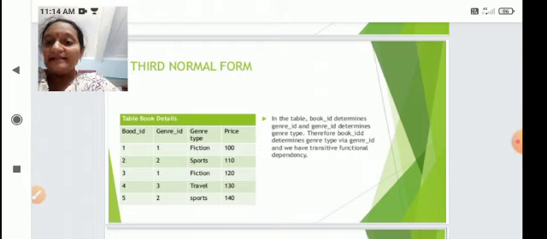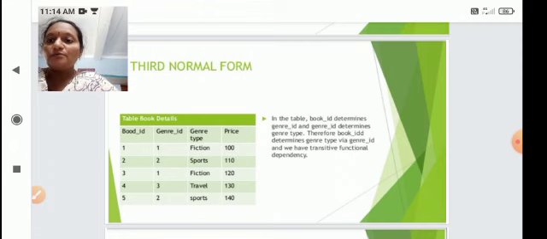Therefore book ID determines genre type via genre ID, and we have a transitive functional dependency. In second normal form we have functional dependency, and in third normal form we have transitive dependency. So we want to remove the transitive dependency and decompose into multiple tables.